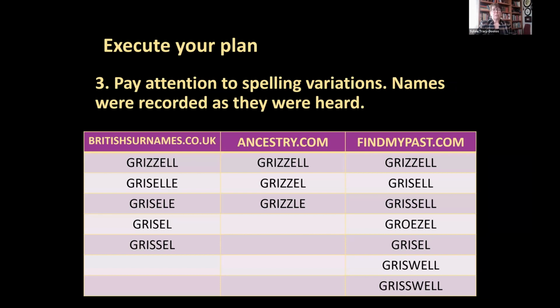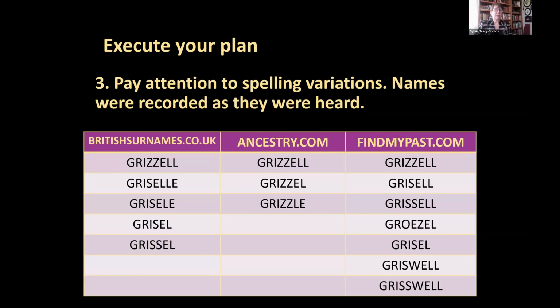And when you're executing your plan, pay attention to spelling variations, because spelling was not really fixed the way we think of it now. And names were written as they were heard. So you're going to get lots of spelling variations. There are websites like britishsurnames.co.uk, ancestry.com, and Find My Past that will give you a list of alternate spellings for the name.